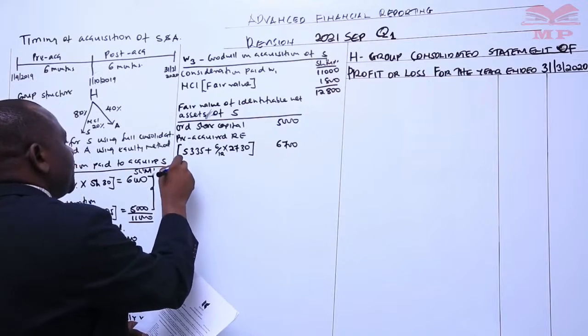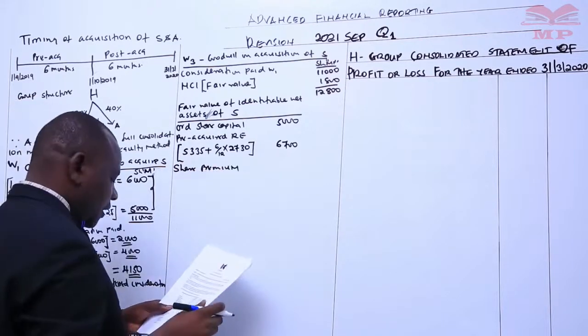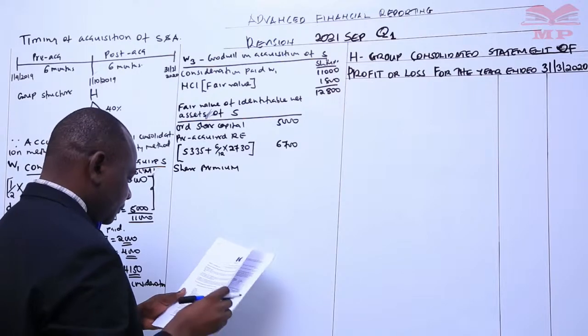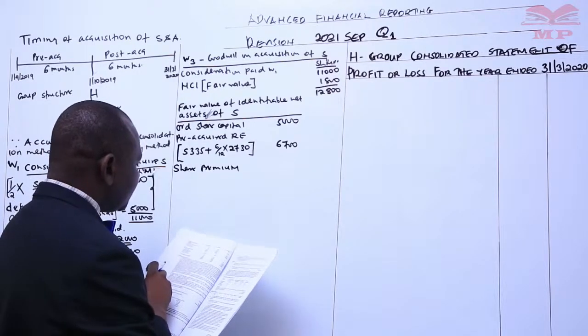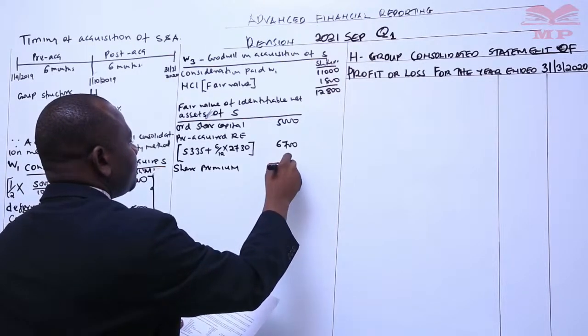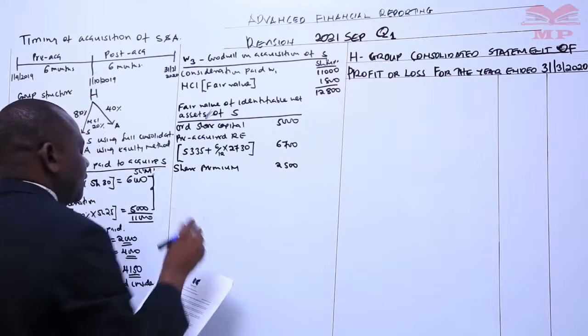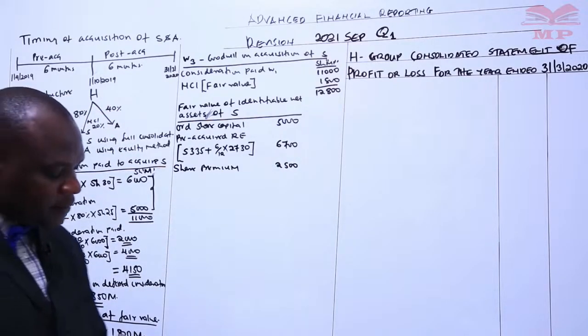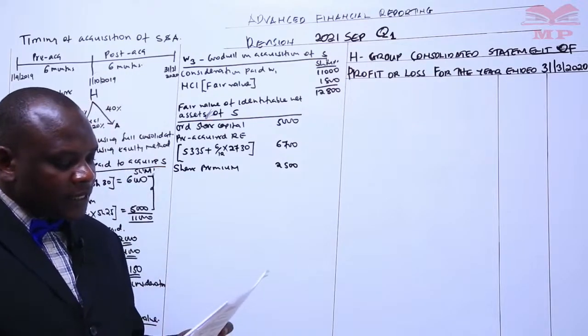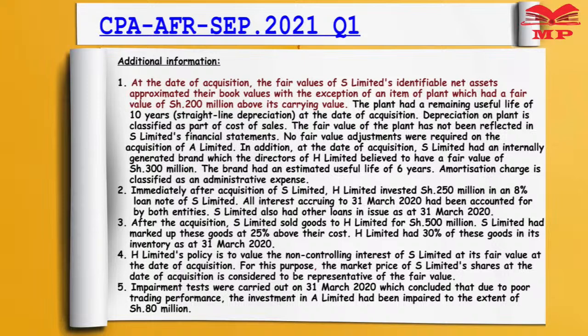Then we have share premium, provided in the balance sheet, 2,500. Then in the introductory statement, information 1: at the date of acquisition, the fair values of S's identifiable net assets approximated their book values, with the exception of an item of plant which had a fair value of 200 million above its carrying value.